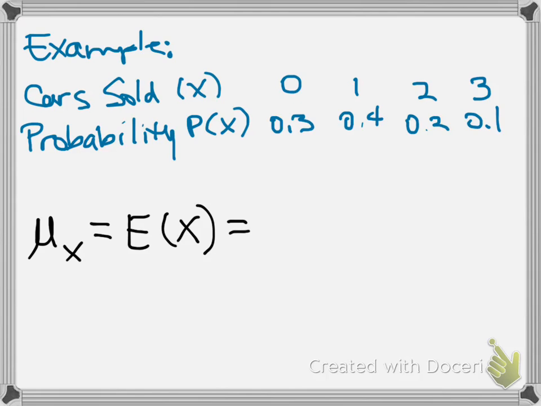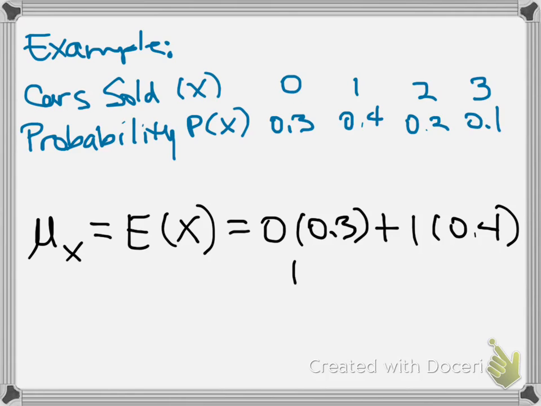So let's go ahead and calculate this for our car dealership. Remember, we take each of our values of x and we're going to multiply it by its corresponding probability. So we take 0 and multiply that by its probability of 0.3 plus the situation where we sell 1 car, multiply that by its corresponding probability of 0.4. Then the situation where we sell 2 cars, multiply that by 0.2.